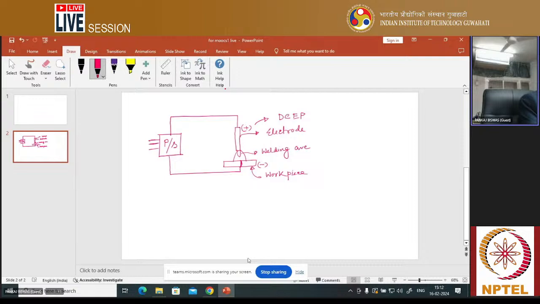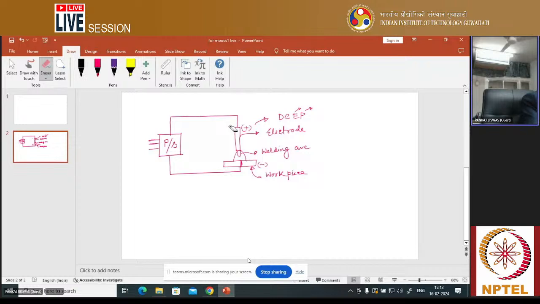E represents the electrode, P represents the polarity. So direct current electrode positive polarity. If this terminal is connected with negative, then this is called DCEN polarity. The latter one I will discuss later. First of all, I will discuss this one, after that, I will discuss that one.